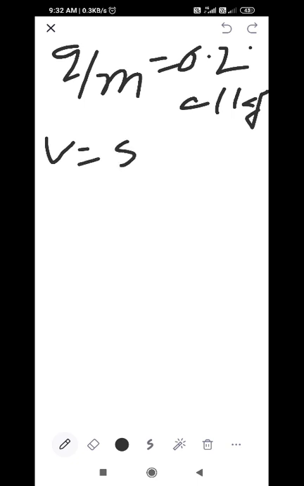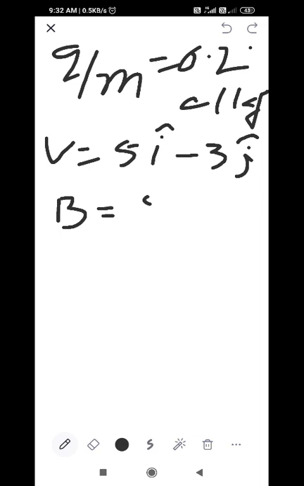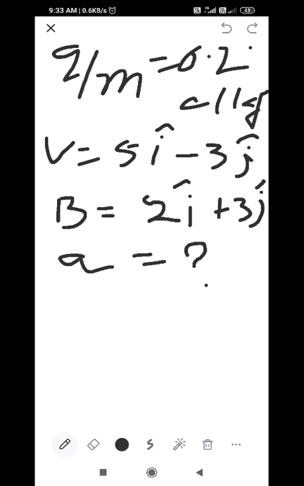It is 5 I cap minus 3 J cap, and we are given field that is 2 I plus 3 J. We have to calculate acceleration on the particle.